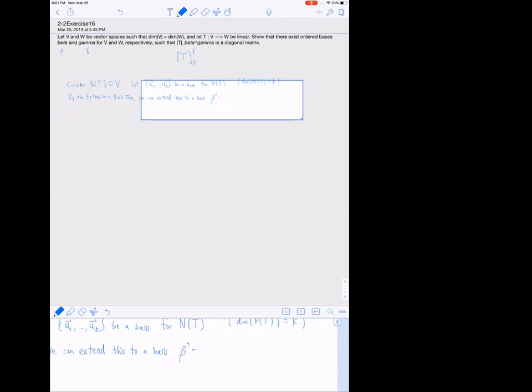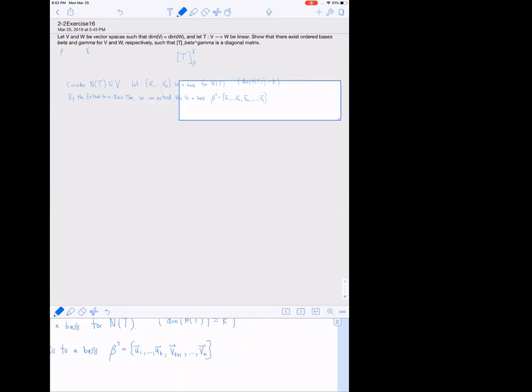Let's see why shortly. I'll call the first vectors U1 through UK. And then the remaining vectors, just to distinguish them, I'll call them V's, but I'll continue numbering them VK plus 1 up through V sub n. Note that I am implicitly calling the dimension of V n, and by hypothesis, that's the same as the dimension of W.